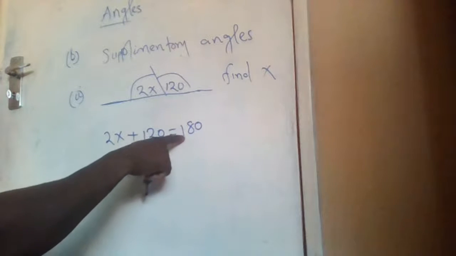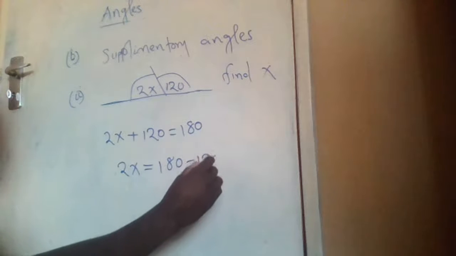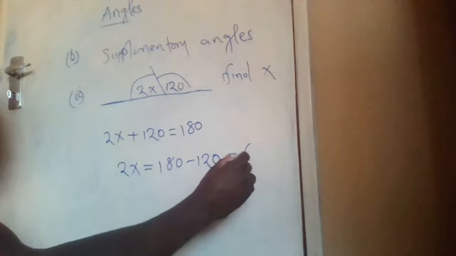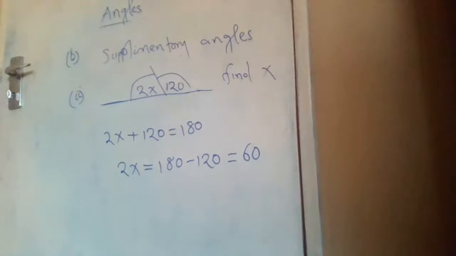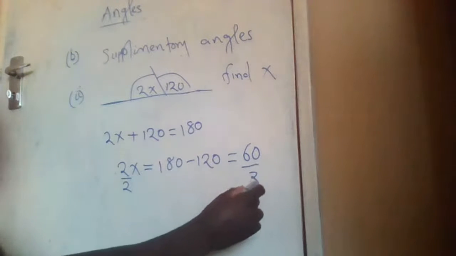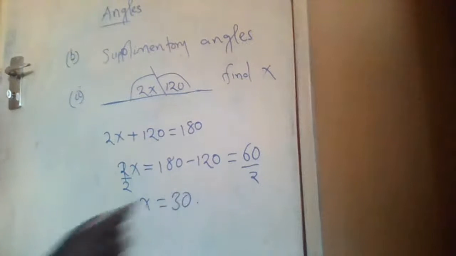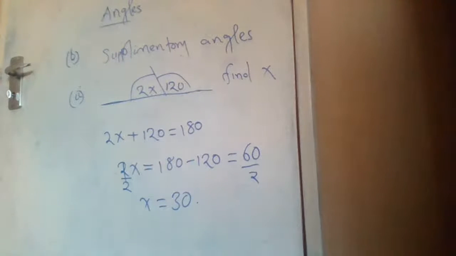So we're going to have 180 minus 120, and that gives us 60, right? Then we divide by 2, and the value of x is going to be 30. So the value of x is 30. Remember, in mathematics, how do we prove?